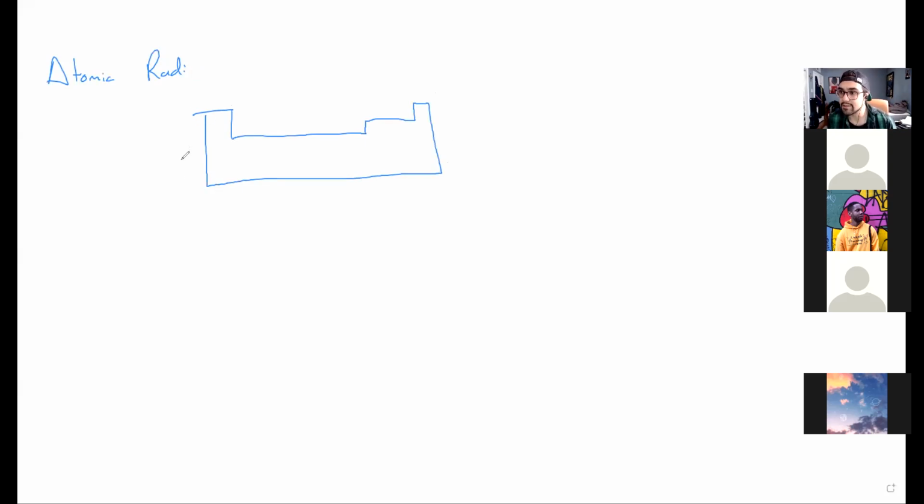How does it increase? Downwards? Yeah, we increase going downwards. And then how do we increase horizontally? To the left? Yes, to the left and down. That's the general trend.